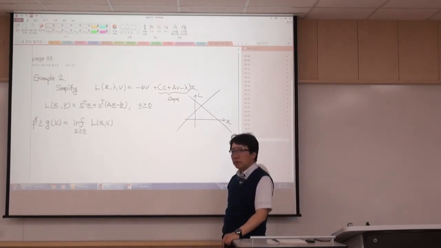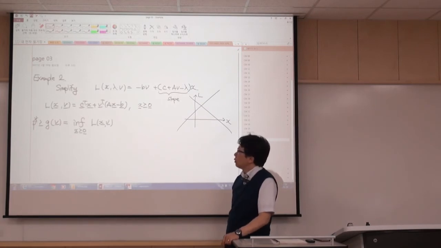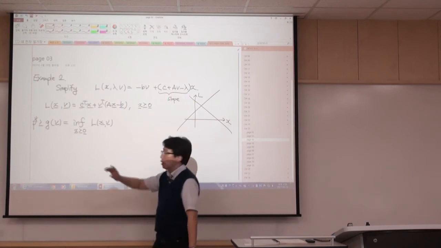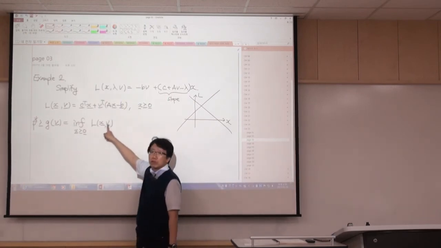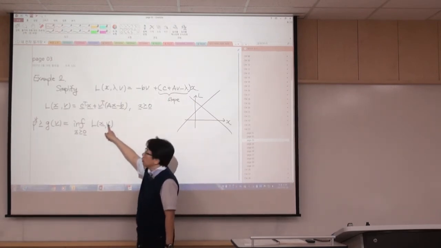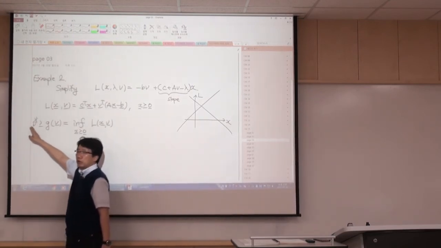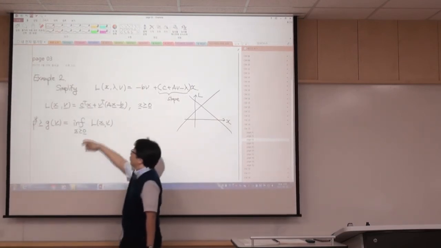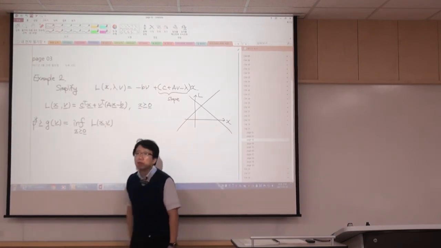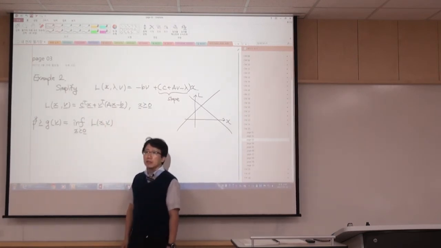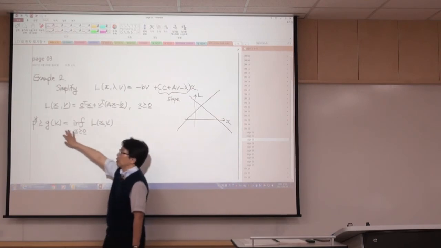Am I right? It's perfectly okay. But be careful: depending on your choice of nu, the optimal x star for your primary problem and the optimal x may be different. Still, this holds.